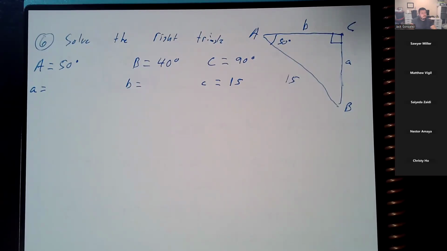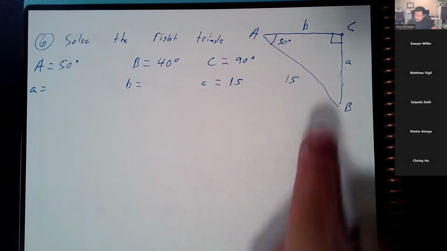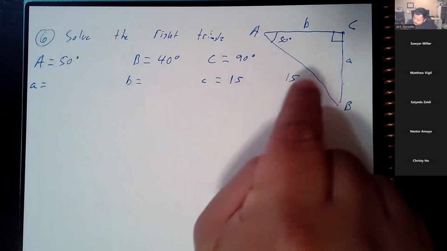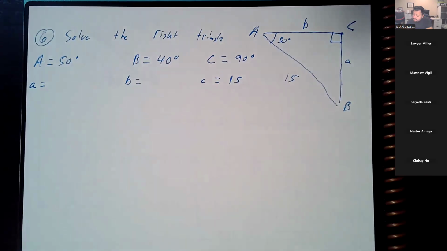Pythagorean theorem again? But we only have one side, so we can't do it. So we have to use the trig functions. Which trig setup do you think? Yeah, we could do sine of which angle? 50? If we do sine 50, then we'd have opposite over hypotenuse, so we could solve for a. So that works.